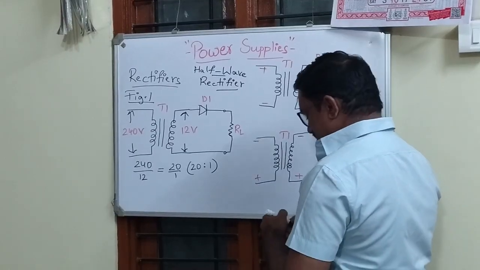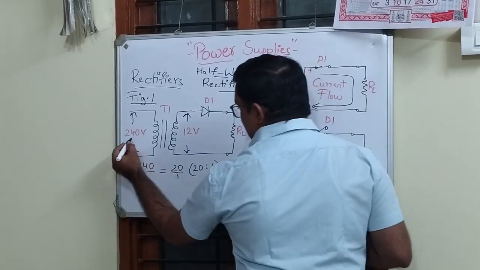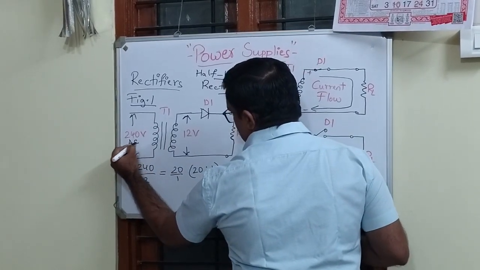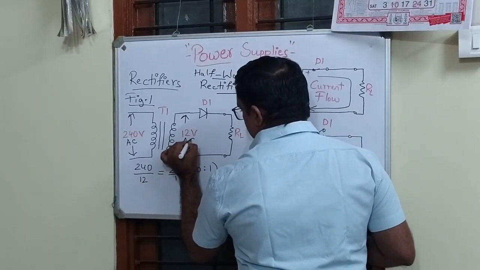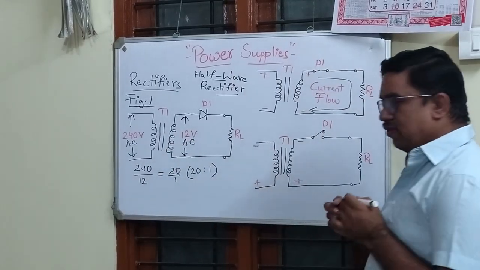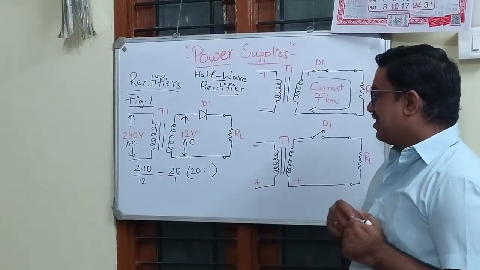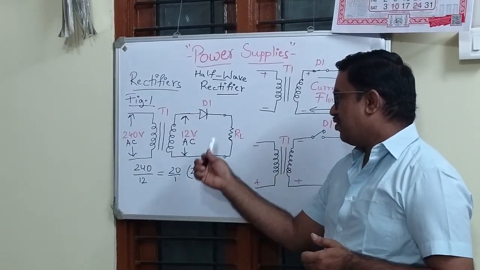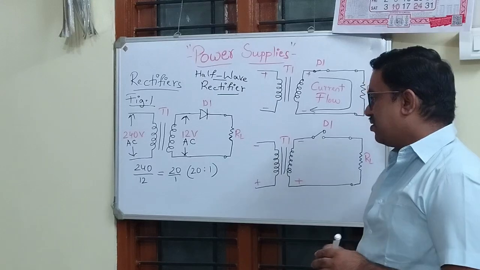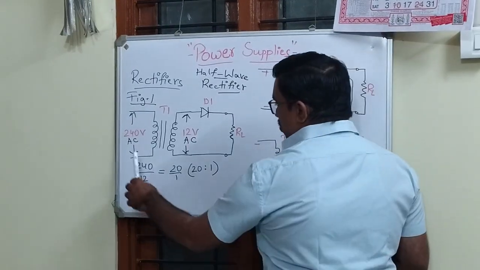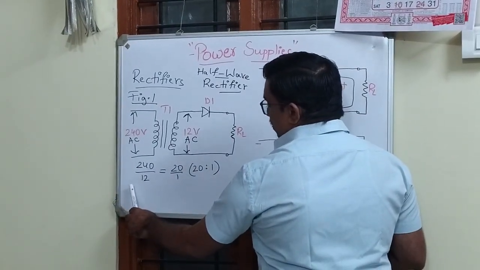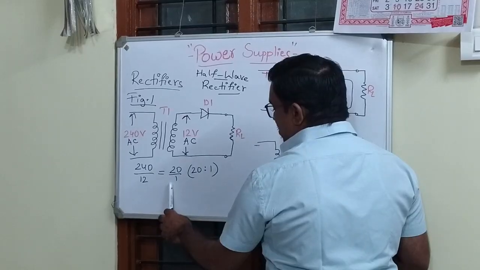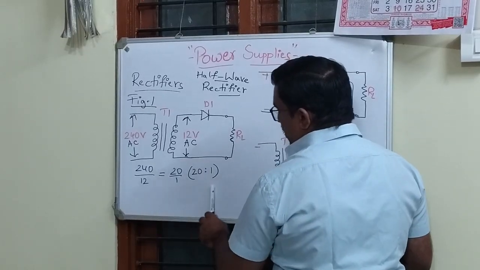Both these signals are AC signals. At the secondary terminal of the transformer we have 12 volts, so 240 volts by 12 volts gives us a turns ratio of 20:1.